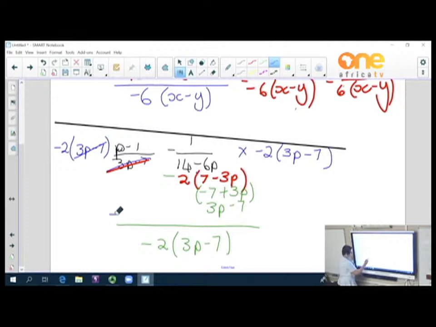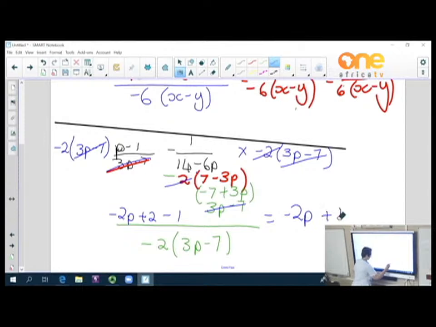So now I have -2p plus 2. Here, this can cancel out. The -2 can cancel out. So there remains -1. So then the final answer is -2p plus 1 over -2, 3p minus 7. And there's your final answer.